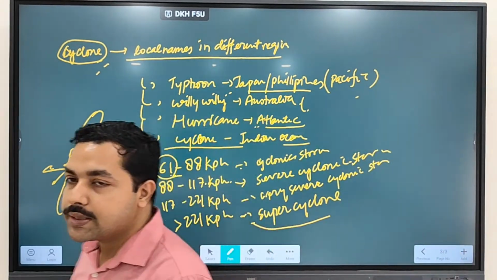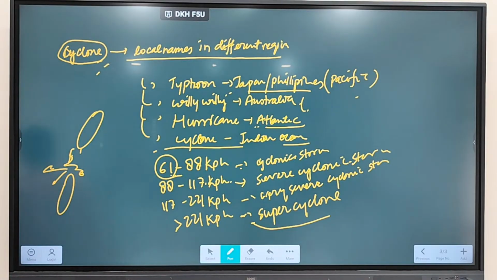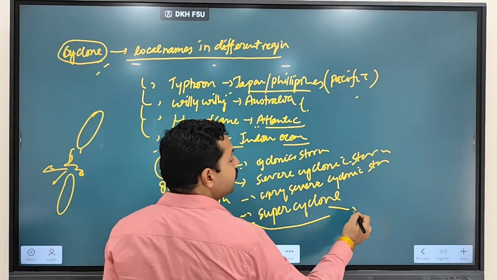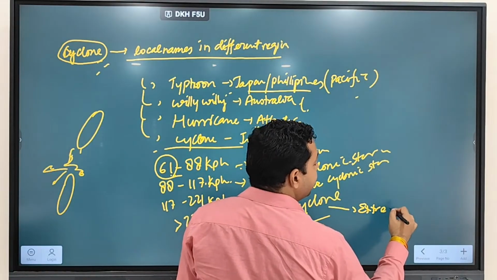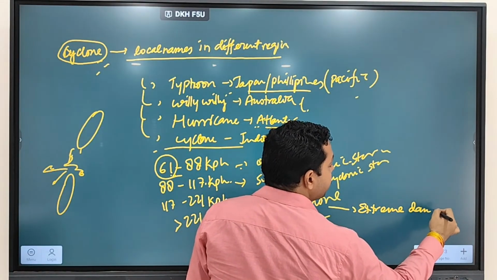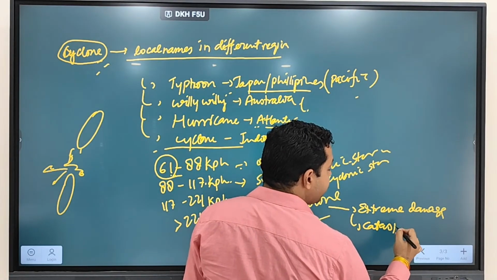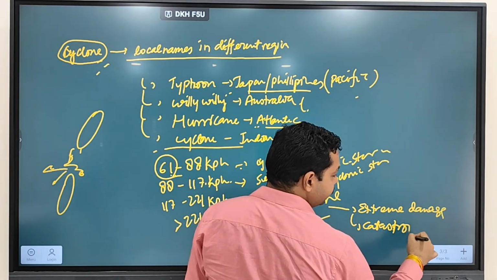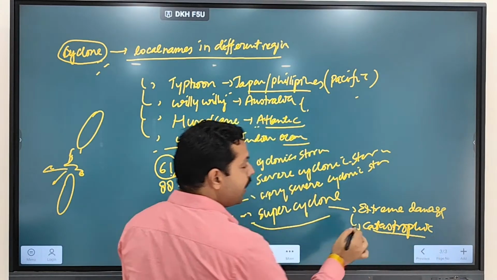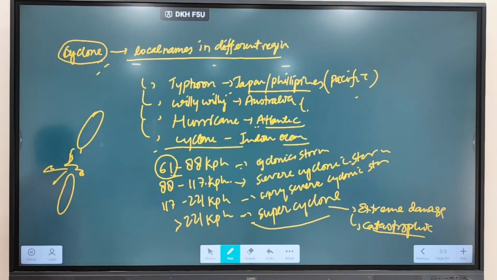Super cyclone means greater than 221 km/h wind speed. This can cause very extreme damage or catastrophe. It is highly catastrophic and extreme damage can be caused when a super cyclone occurs.